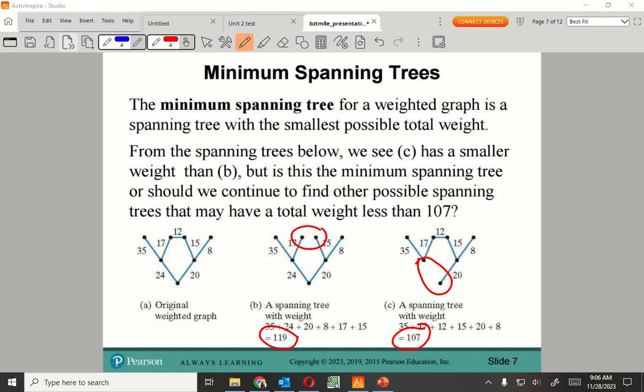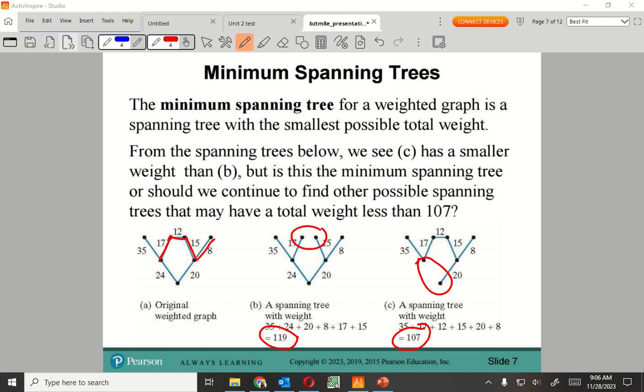Is this the minimum spanning tree, or should we continue to find other possible spanning trees that may have total weight less than 107? Okay. Is there another way that I could do this to have a smaller value? By looking at just my graphs, I know that I want to use the smallest numbers.